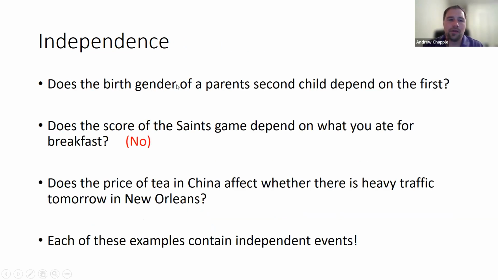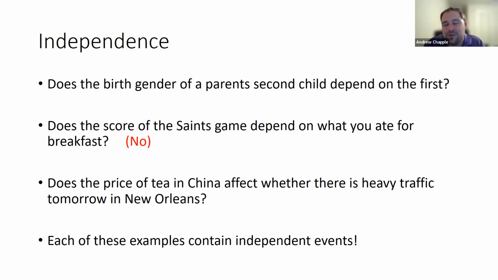So for example, does the birth gender of a parent's second child depend on the first? It's a yes or no question, and the answer appears to be no. Does the score of the Saints game depend on what you ate for breakfast? The answer is no. I think there are a lot of people that are superstitious about sports and things like that. Oh, when I sit on my couch on this spot, the Saints do better.